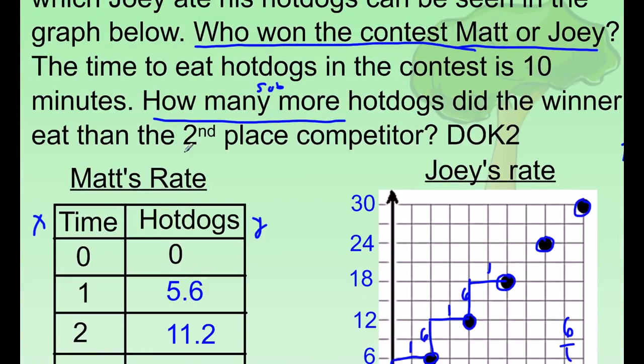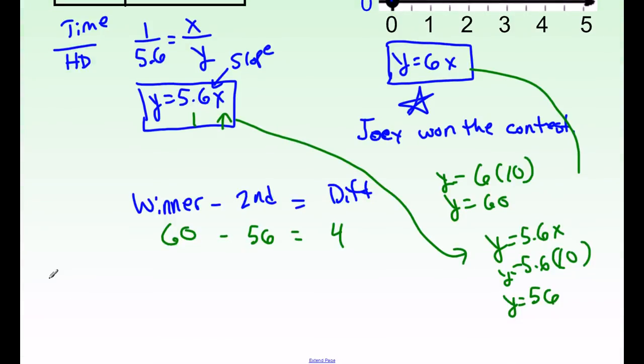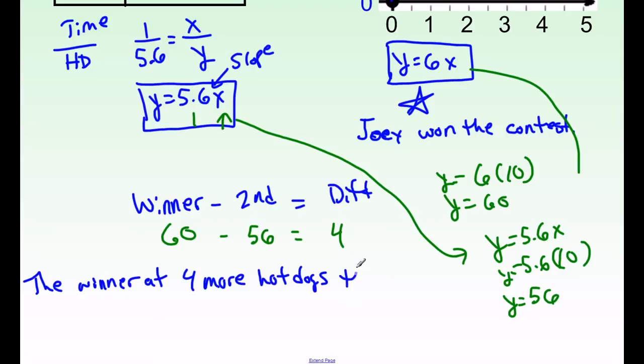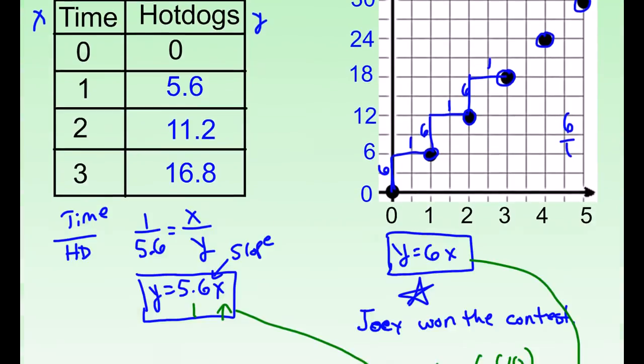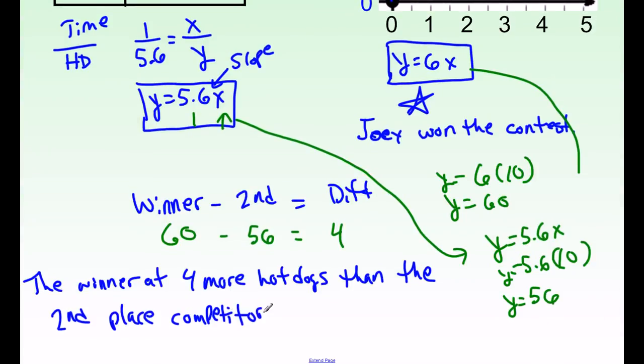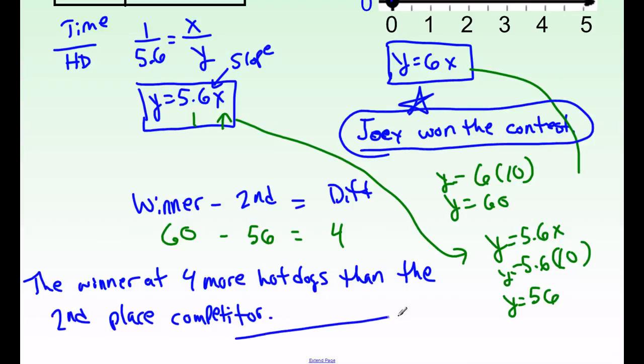How many more hot dogs did the winner eat than the second place competitor? The winner ate 4 more hot dogs than the second place competitor. There we go. Answer number 2.